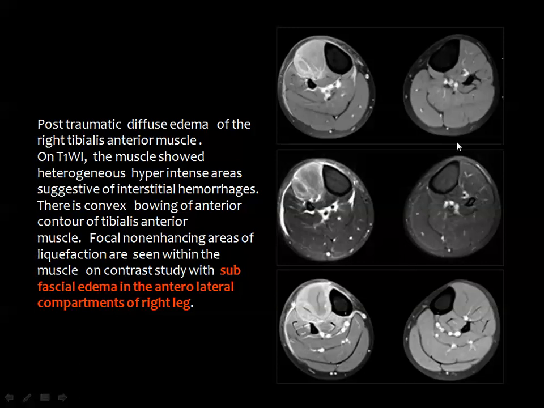Here you see that the muscle is relatively swollen compared to the normal one, and it has heterogeneous signal with increased T1, meaning that there is some edema and hemorrhage. Also in the T2 weighted image, you can see fluid in the subcutaneous area.